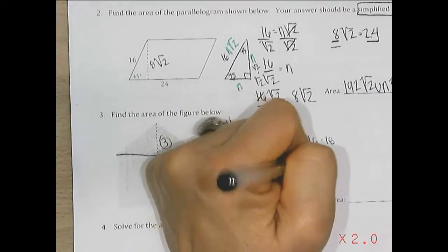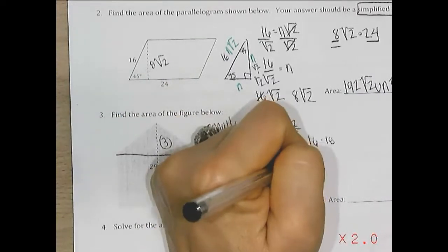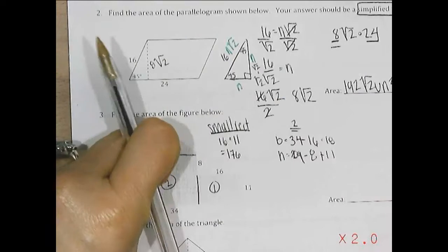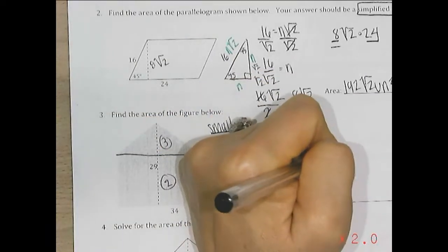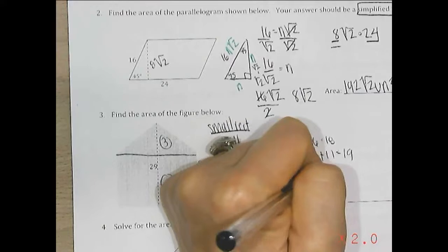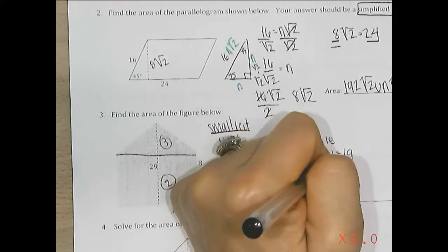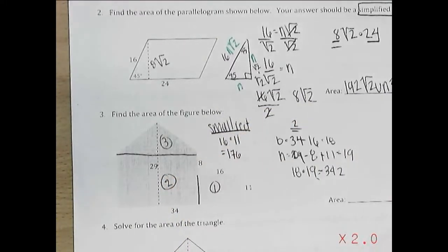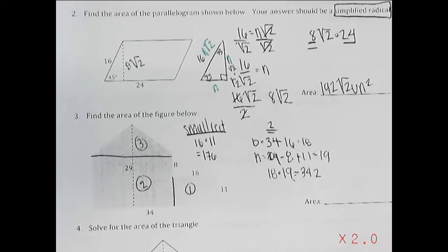I'm not going to do that. I'm going to take my 8 and add it to my 11, this portion and this portion, and get 19. So 18 times 19 equals 342.